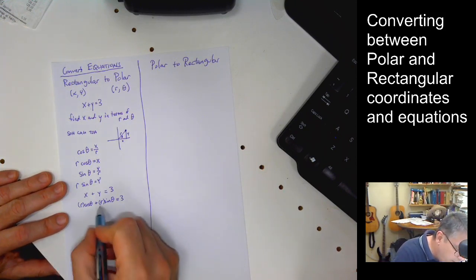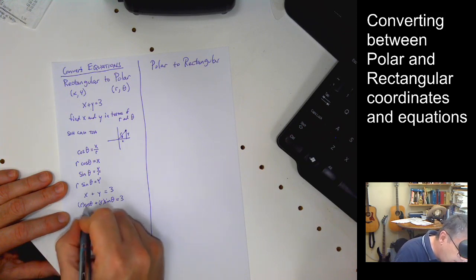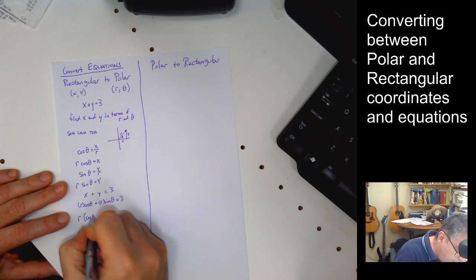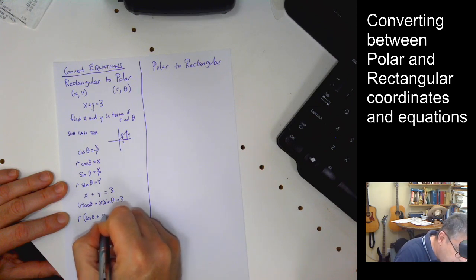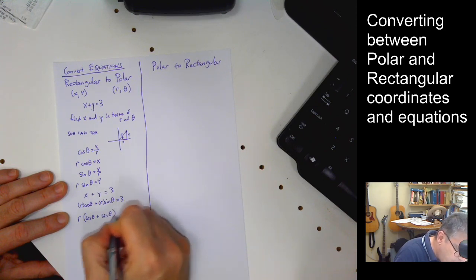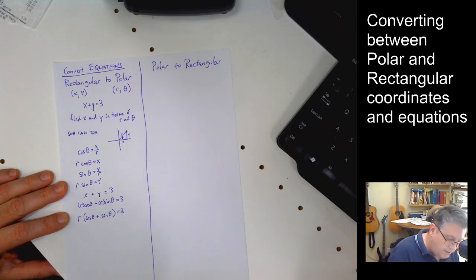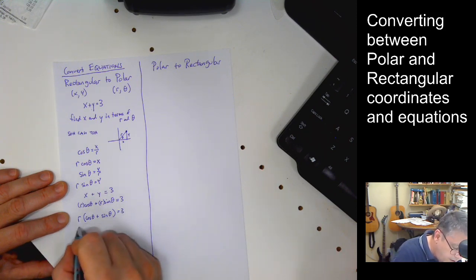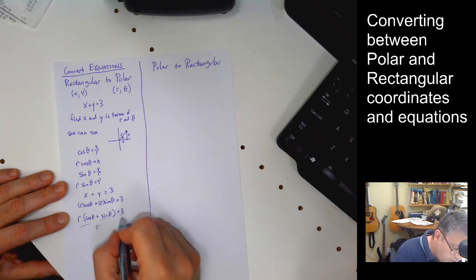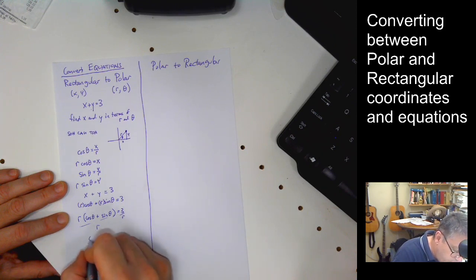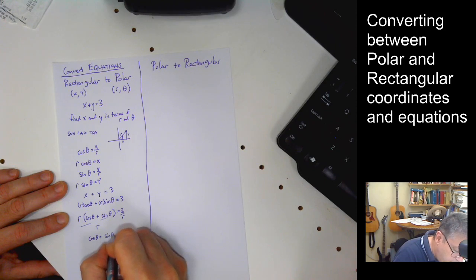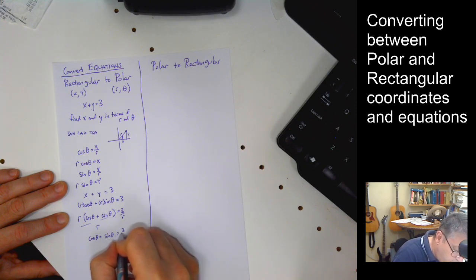So we factor out that r: r times (cosine theta + sine theta) = 3. Then we divide both sides by r, and we end up with cosine theta + sine theta = 3 over r.